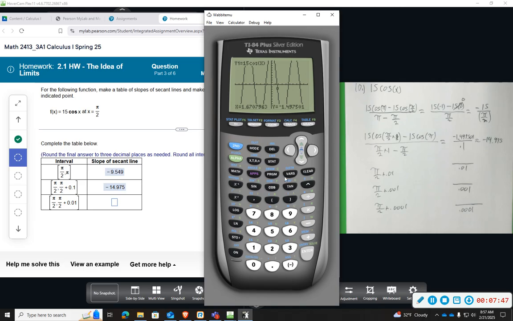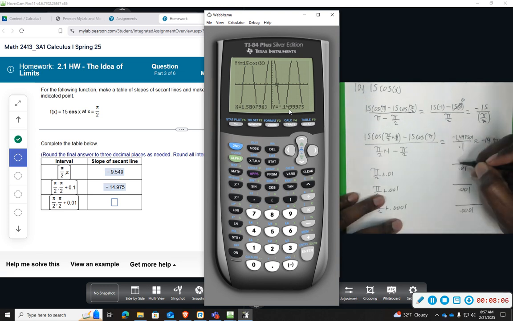So this time we're going to do second pi divided by 2 plus 0.01. Okay, that gives us a negative 14.99975.